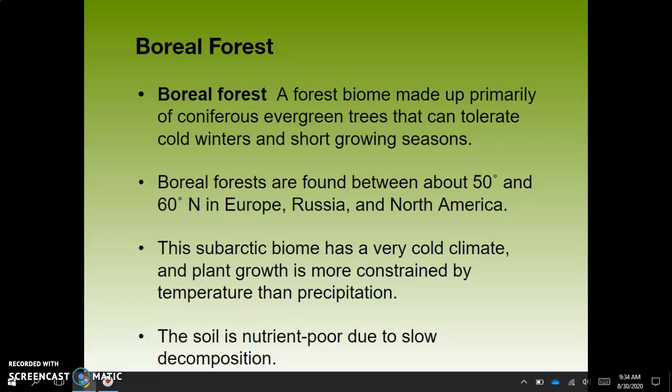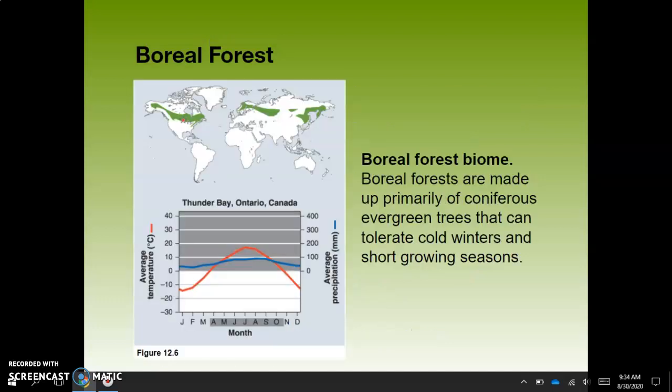And then the soil is nutrient poor due to slow decomposition. So we have microbes in our soil that help with decomposition, which leads to higher soil fertility, but in cold climates, that decomposition is slowed just because of the temperature. So the soils tend to not be as fertile. Okay, and here is our boreal forest biome.